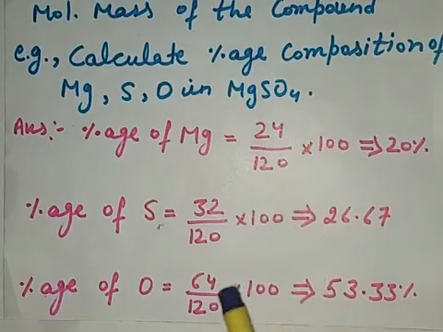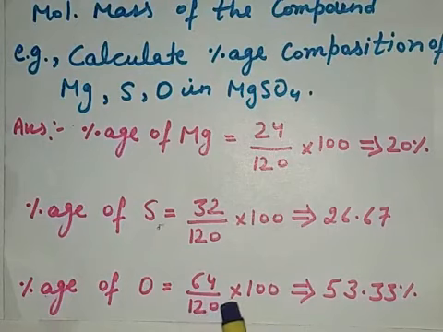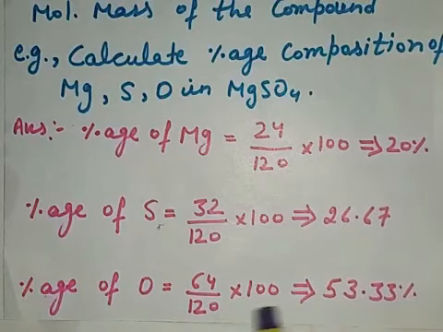So 4 into 16 is equal to 64 divided by the molar mass of magnesium sulfate, which is equal to 120 into 100. When you solve this, it comes equal to 53.33%. That means the percentage of oxygen in magnesium sulfate is 53.33%. Now you can easily find out the percentage of an element in a compound by this method.